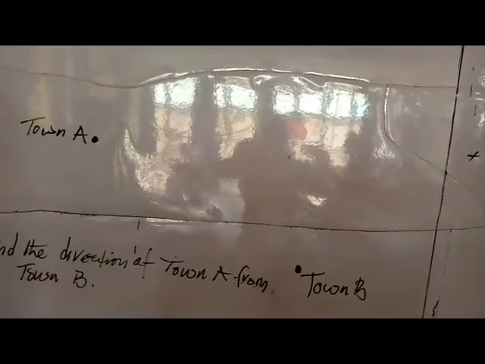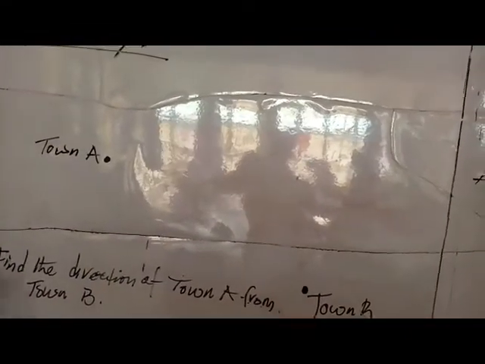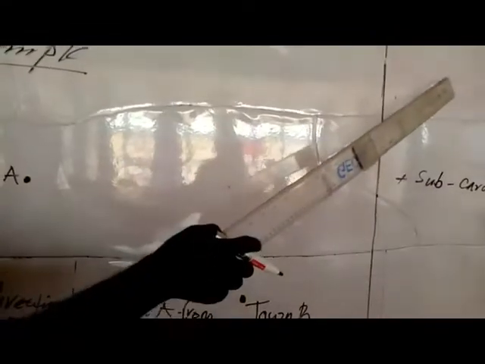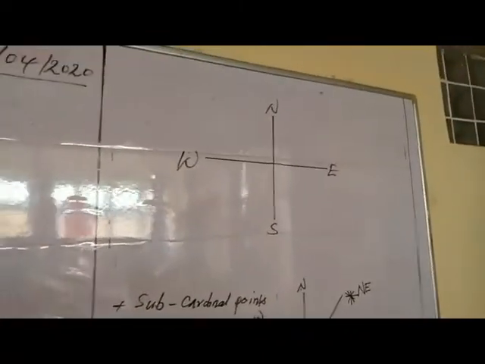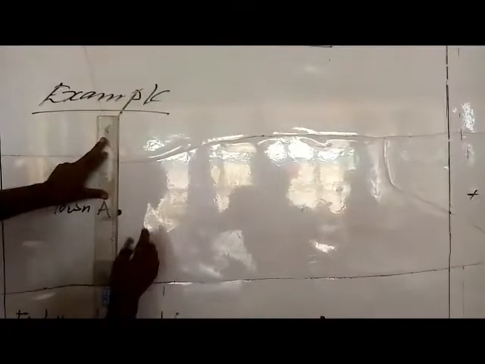So, having done that now, how many cardinal points do we have? We mentioned that we have 4 cardinal points. You will equally do the same thing. You will plot it here on each town as this.